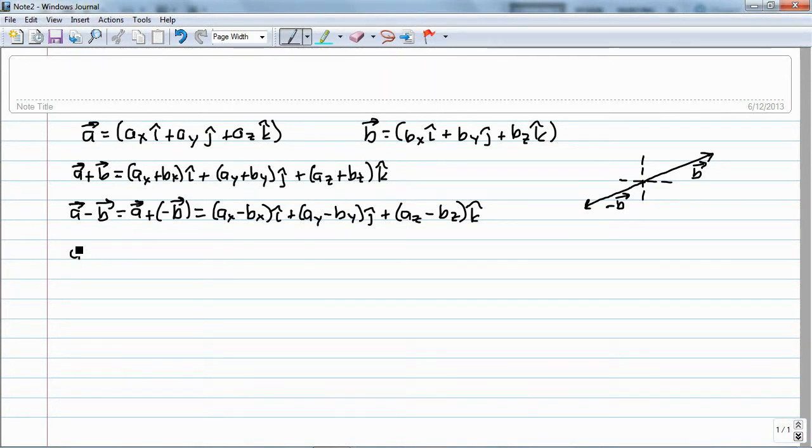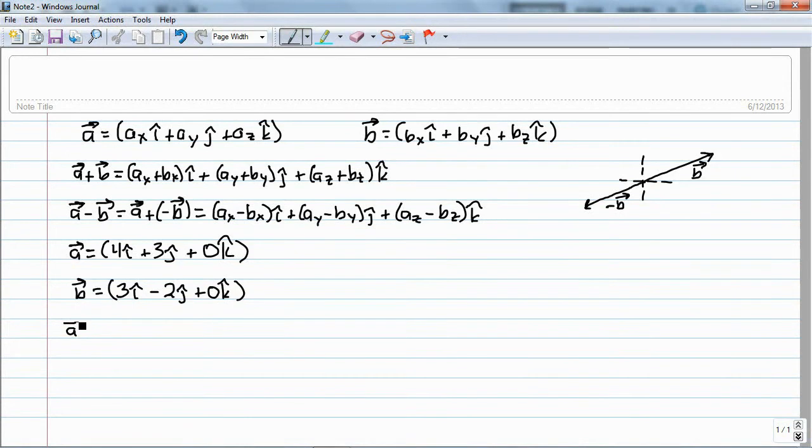Let's say we have A vector is equal to 4 i hat plus 3 j hat. And since we're going to be working in 2 dimensions, we'll do 0 k hat. And our B vector, we'll make that equal to 3 i hat minus 2 j hat plus 0 k hat.